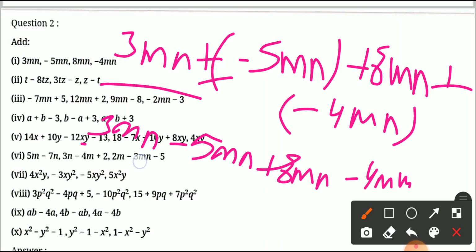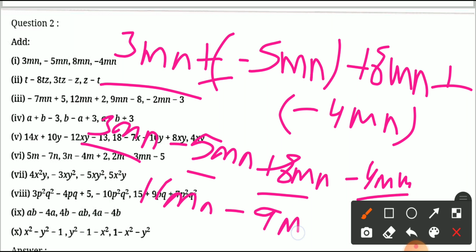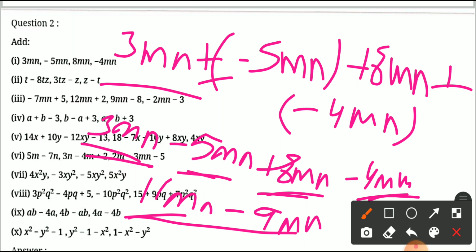Write plus plus together, 3 plus 8 equals 11, 5 and 4 is 9mn. Why? Same signs are added, so plus 3mn plus 8mn equals 11mn, minus 5mn minus 4mn equals minus 9mn. Okay, then different signs are subtracted, 11 minus 9 equals 2mn is the answer.